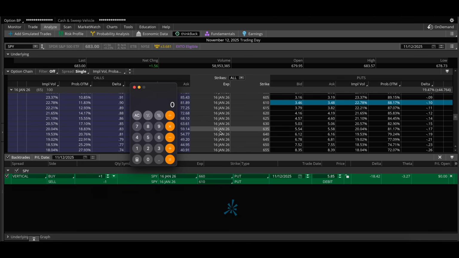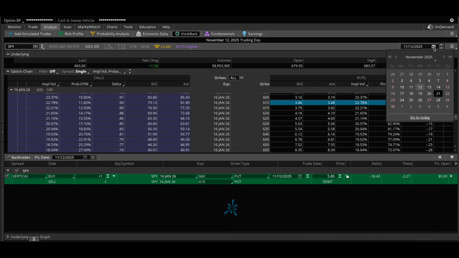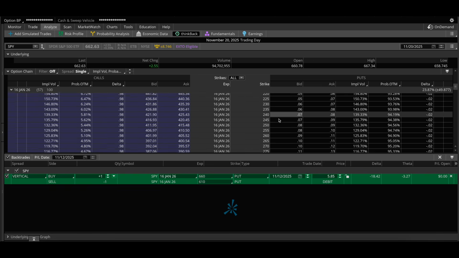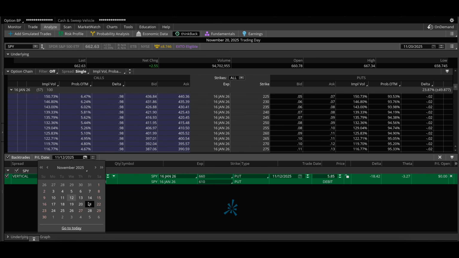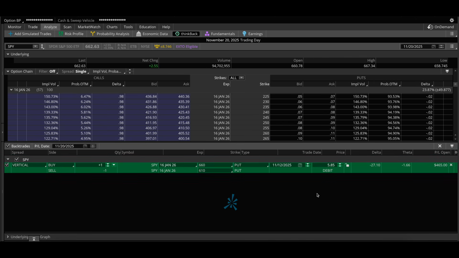Now, we know that we don't generally hold these to expiration when these are used in dynamic portfolio management. So let's fast forward and see what would happen on November 20th for comparison's sake. And we can see here that it's not too surprising. This spread is showing a bigger profit than the previous one.